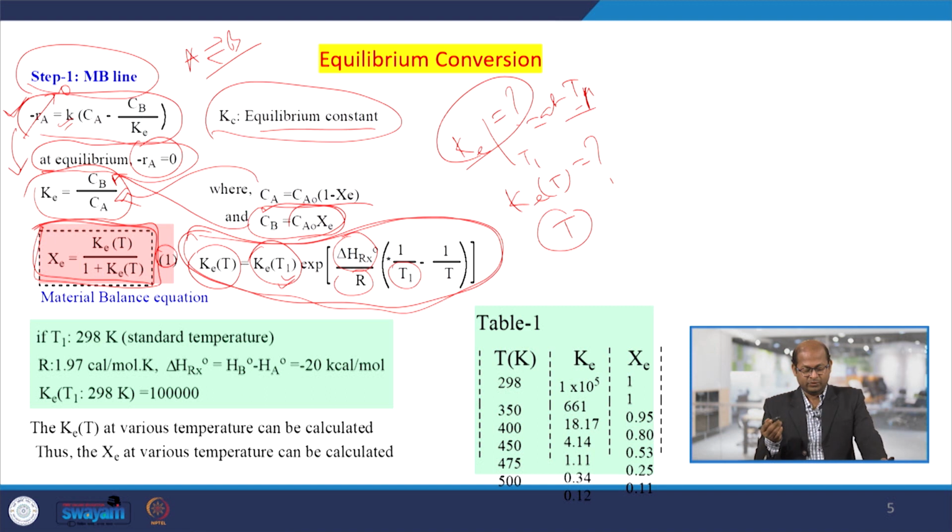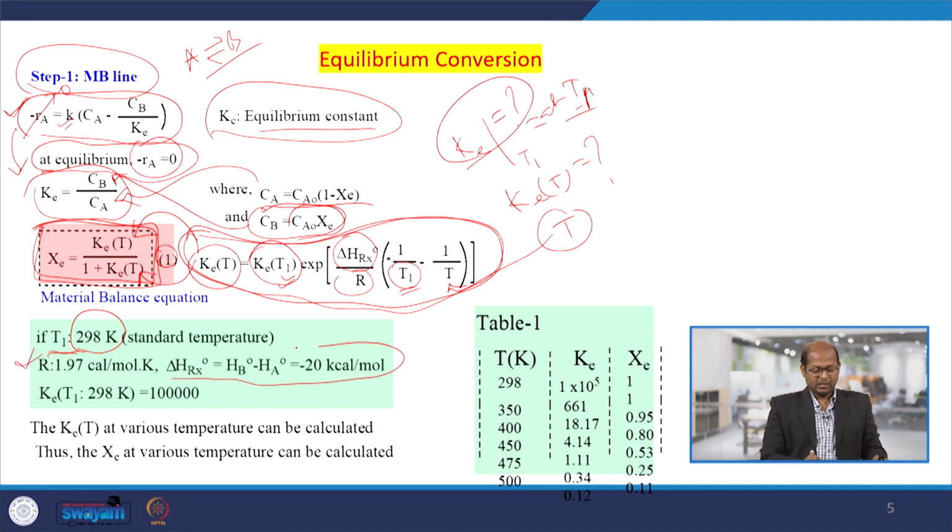From the energy balance equation that we have discussed already, for a particular conversion. We put this temperature here, get the Ke value, put it here, and then we get the Xe value. So, here let us say T1 equals 298.25 degrees centigrade, that is the standard temperature. The R value is this, the heat of reaction for components A and B is given as a difference, and K at 298 Kelvin is given as this.